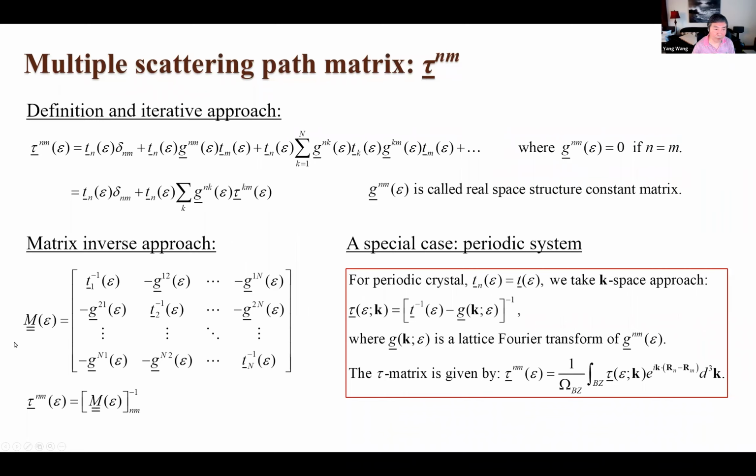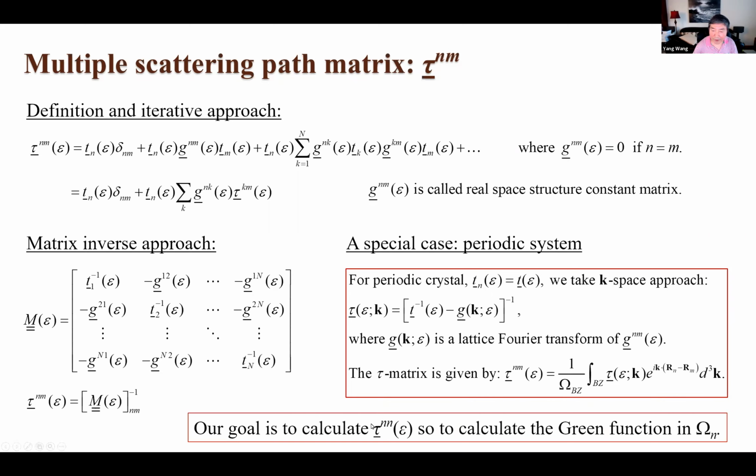If the number of scattering centers is finite, it's convenient to use the previous method. But if it's an infinite number of scattering centers that happen to be periodic, this is a more convenient approach to calculate tau NM. But the whole goal is to calculate tau NN, so that we can calculate the Green's function. That's our goal, right?